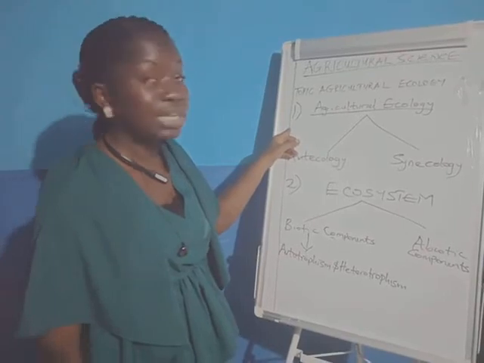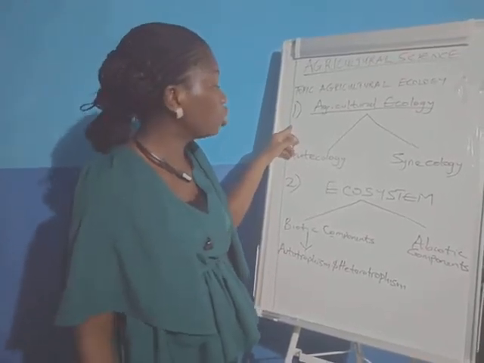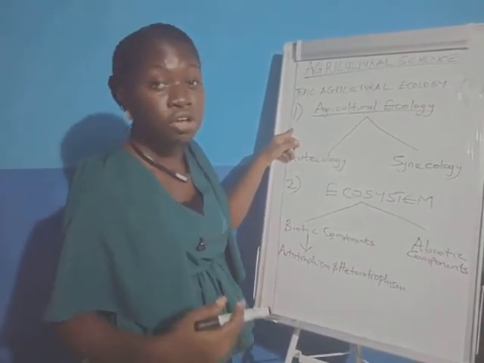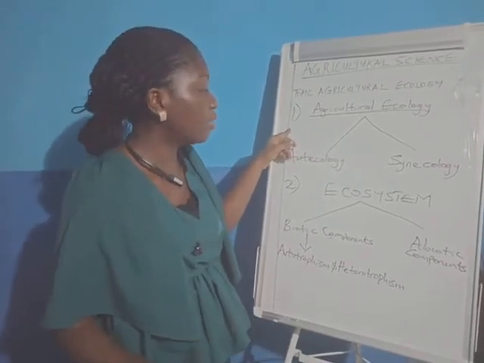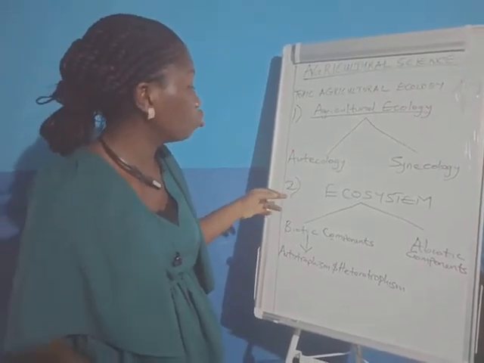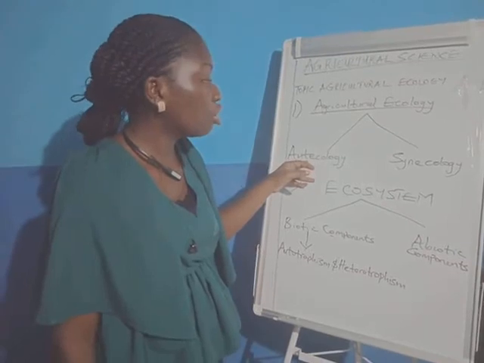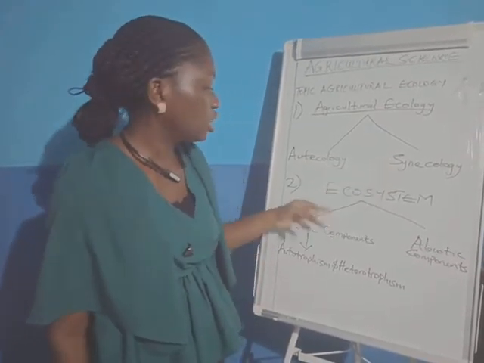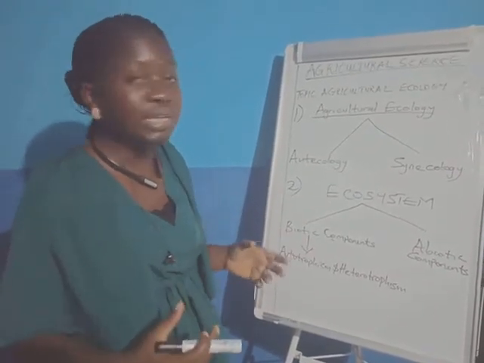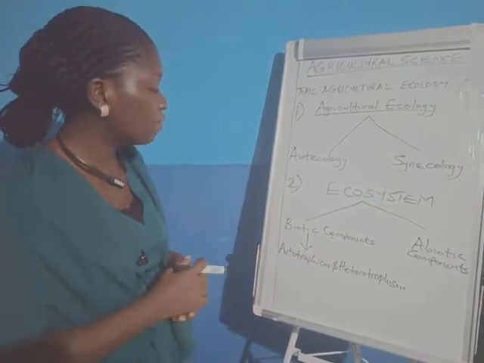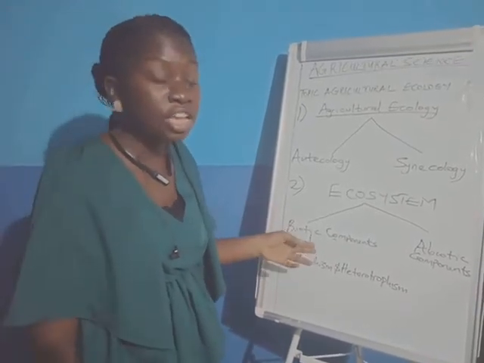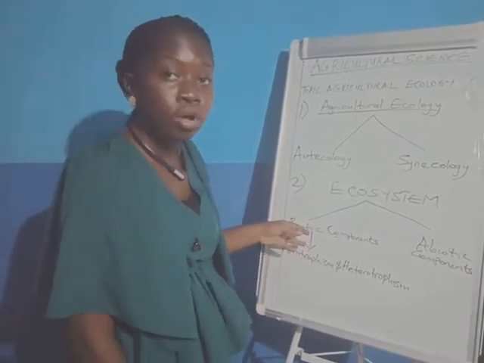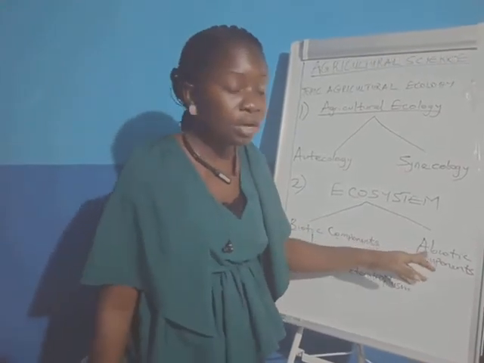So I talked about the definition of agricultural ecology, which I said is the study of croplands and farm animals, and it can be divided into two, which include horticology and synecology. Then the ecosystem is a community of croplands and farm animals, and it can be divided into two components, which include biotic component and the abiotic component.